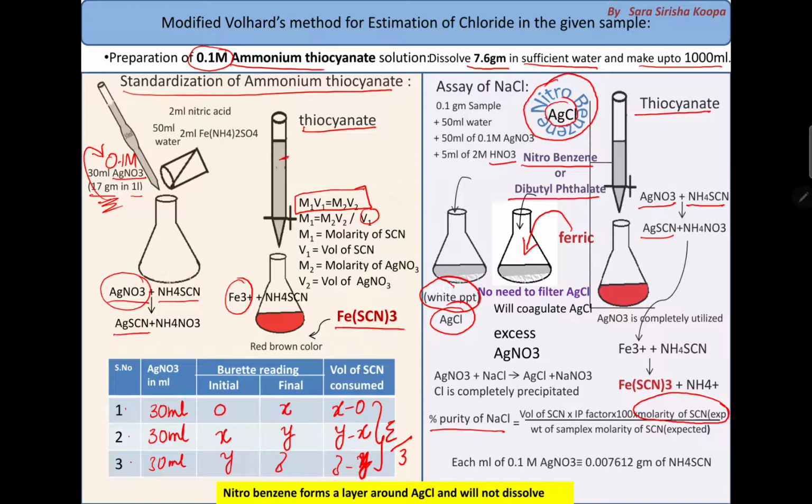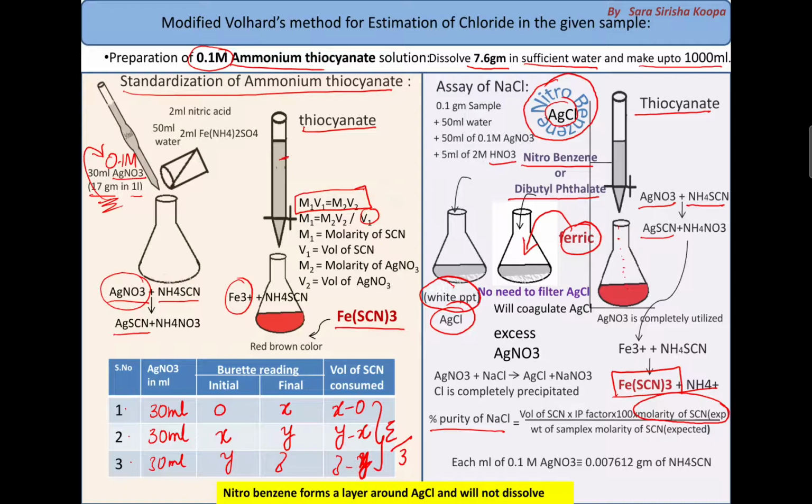After the completion of silver nitrate, the remaining drop of thiocyanate added into the conical flask reacts with the ferric and results in the formation of ferric thiocyanate, which is responsible for the red-brown color of the solution. Here, we are not filtering. The main point to remember is we are not filtering the silver chloride precipitate.